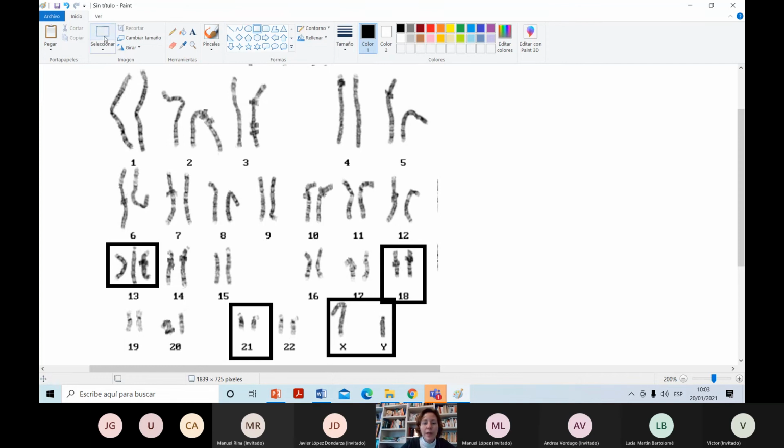Okay, I will see a boy as long as there is a Y chromosome, one chromosome that is shorter than the other one. If there is no Y chromosome, then the phenotype would be the phenotype of a girl. So in this case, it's going to be a boy, but this boy is suffering one type of syndrome.